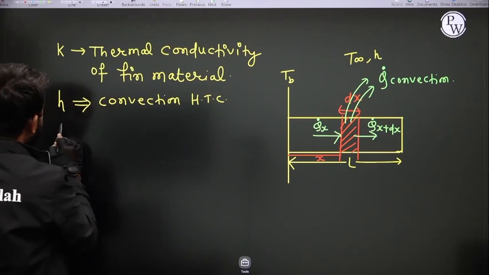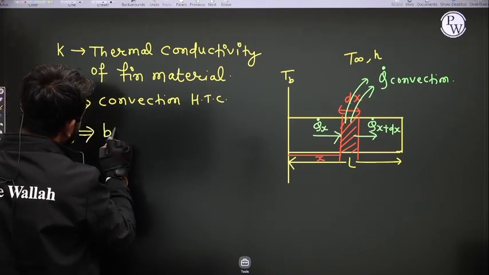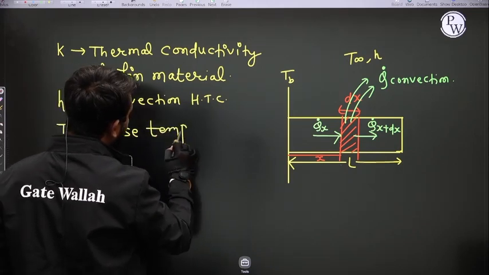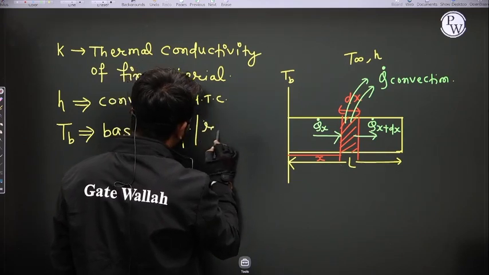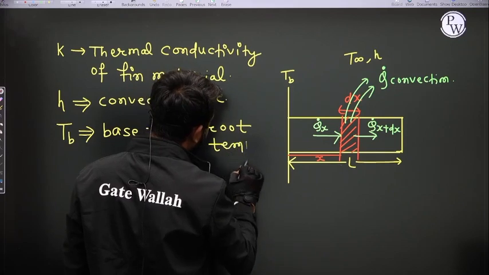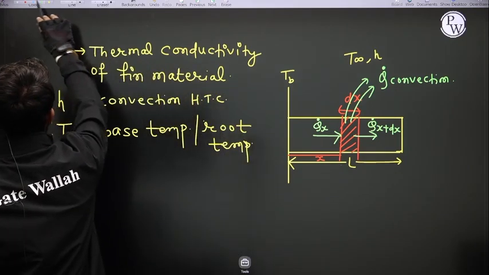T B is the base temperature, sometimes also known as the root temperature. That means the temperature at x equal to 0.